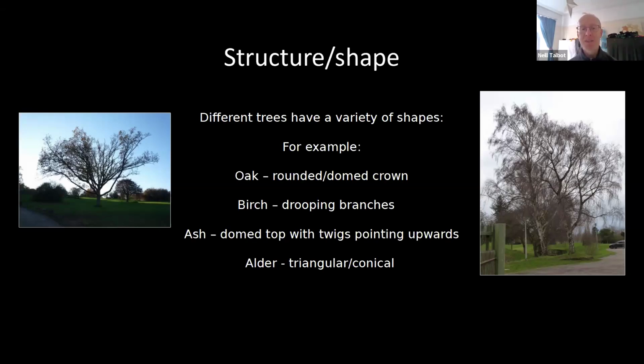And then certain species are more triangular or conical, so something like alder would be. But I think there's some really useful information on that in some of the tree books, like the Collins tree book, which shows the tree silhouettes rather than when they've got leaves on. So that's something worth looking at, but there's lots of good information out there.